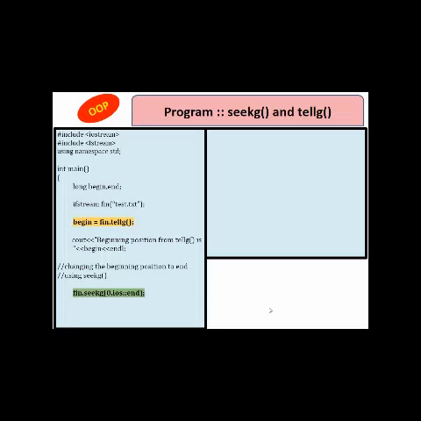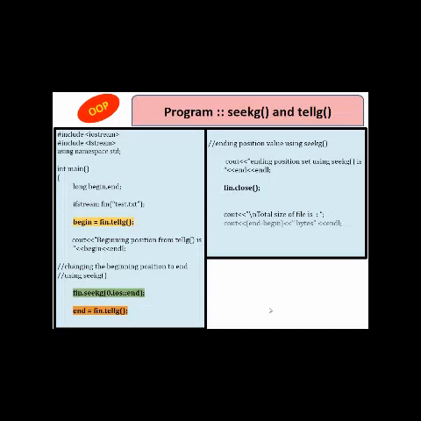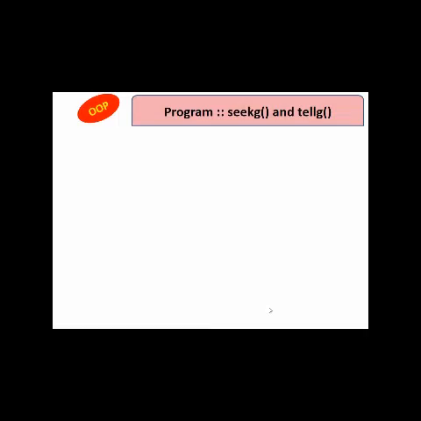The read pointer is pointed to the last position, and then you come to know what is the end position of the file, and end will give you accordingly the position. And then if you want to see the total size of the file, you can do using end minus begin. Okay, and then you can close the file. So this is the operation of the tellg and tellp.